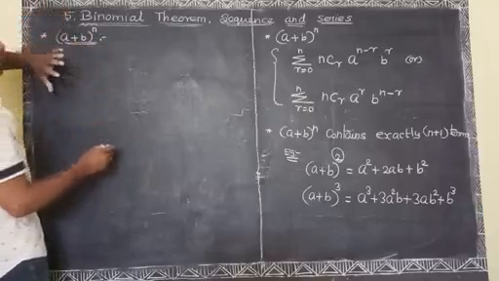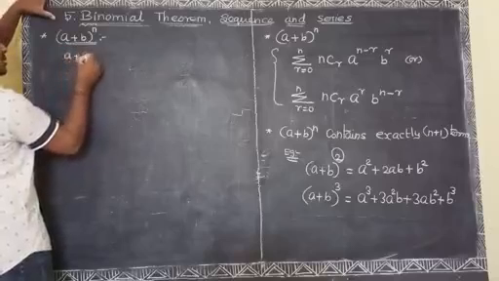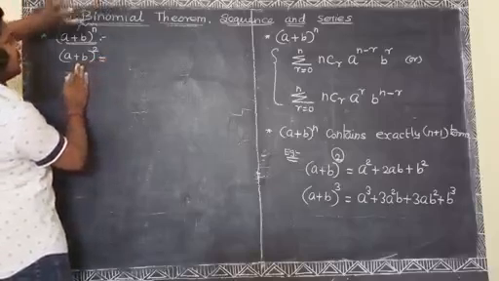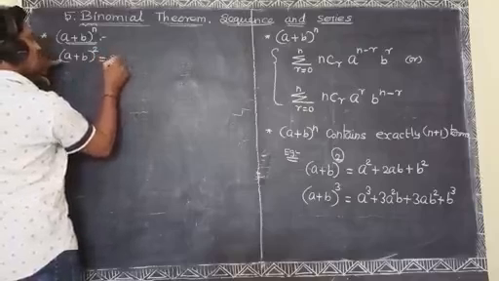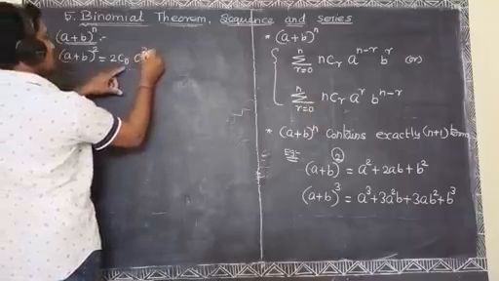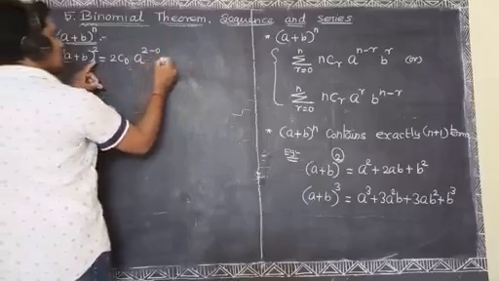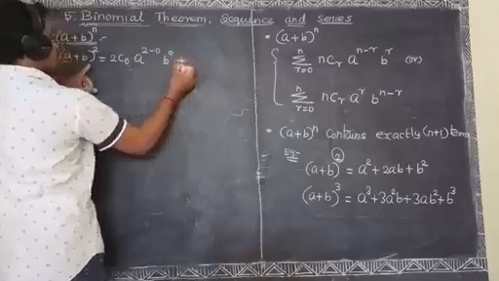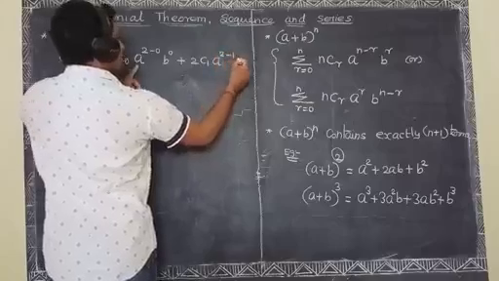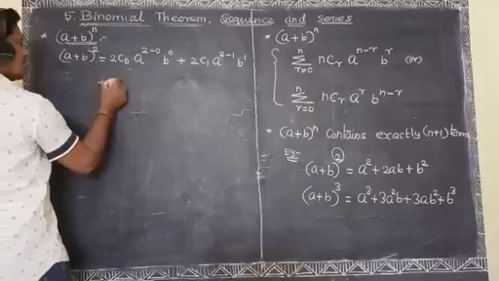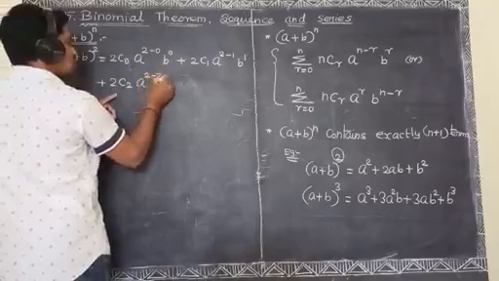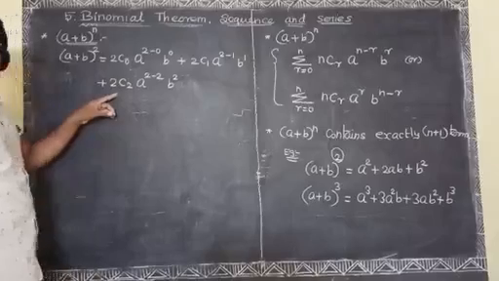Now we take (a plus b) whole square using the nCr formula, that is the binomial theorem. 2C0 a^(2-0) b^0 plus 2C1 a^(2-1) b^1 plus 2C2 a^(2-2) b^2.